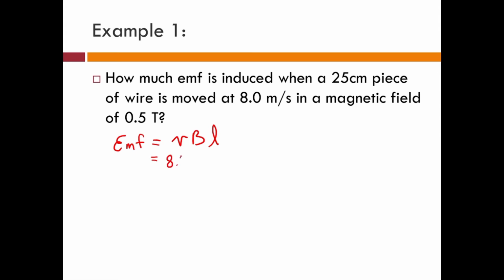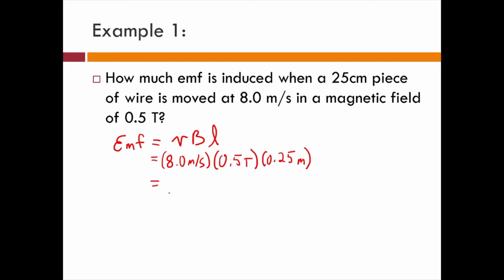In this case our wire is moving, but again, it doesn't really matter whether it's the wire moving or the magnetic field moving, it's still the same. We have a fairly large magnetic field of 0.5 Tesla, and we have a 25 centimeter piece of wire, which we will convert to meters.